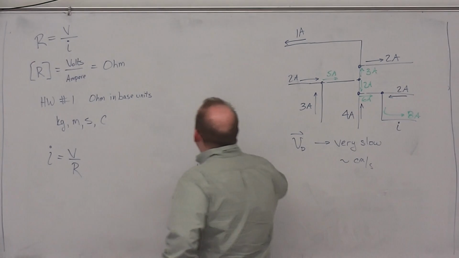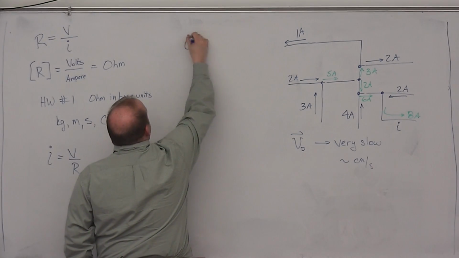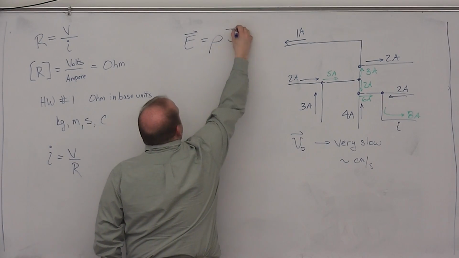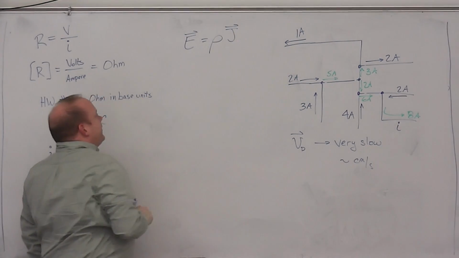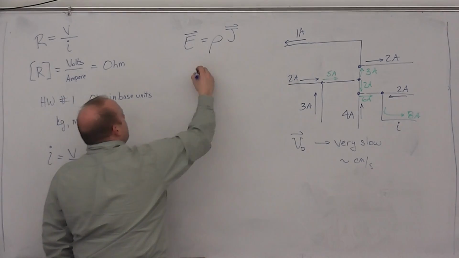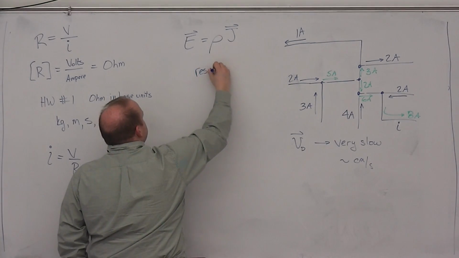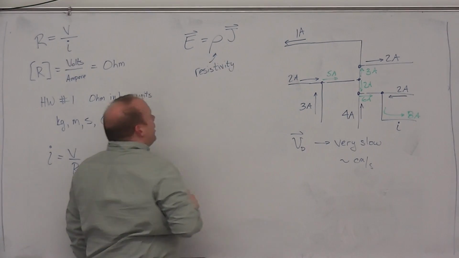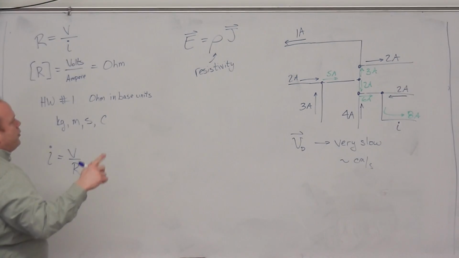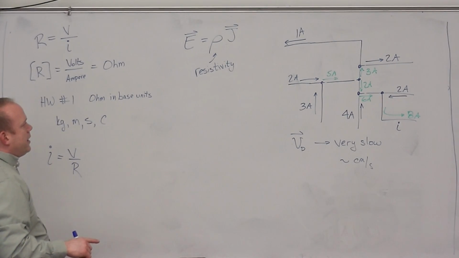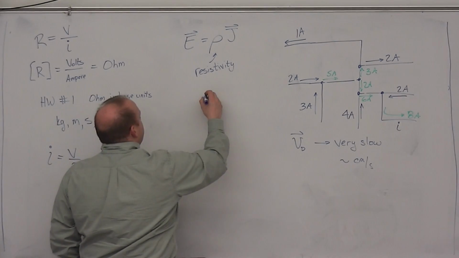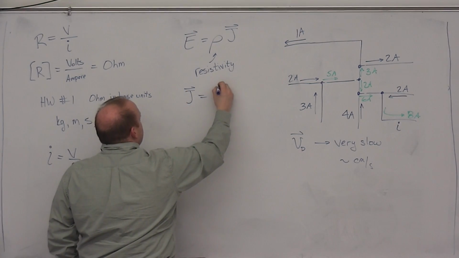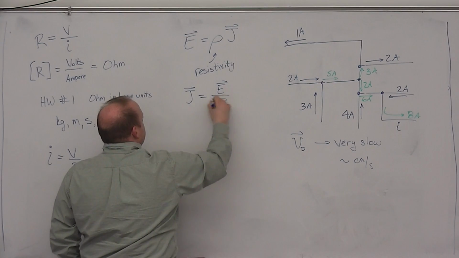using more the physics aspects of it as opposed to the engineering aspects. Okay? The electric field is equal to rho, the resistivity, times the current density, or we could say that the current density is equal to the electric field divided by rho.